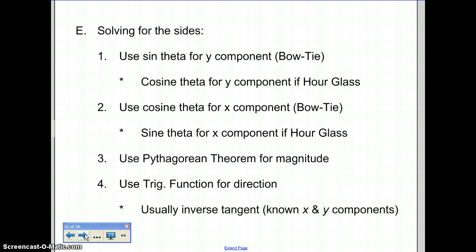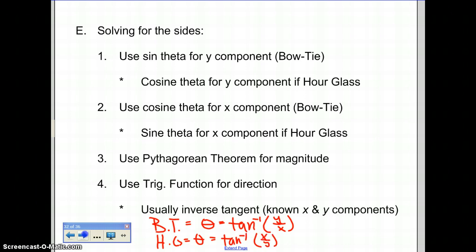Usually inverse tan, but know your x and your y. Because once again, if it's a bow tie, it's going to be theta equals the inverse tan of y over x. And if it's an hourglass, it's going to be theta equals the inverse tan of x over y. I'm running out of room, but I think you understand what I'm saying by now.